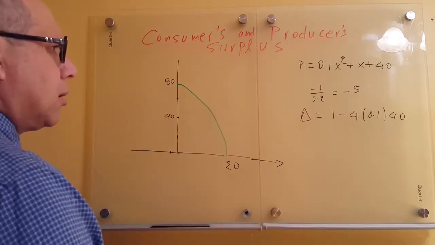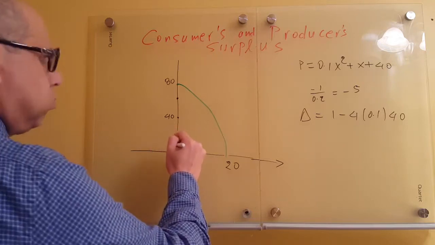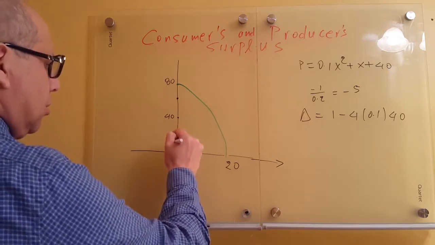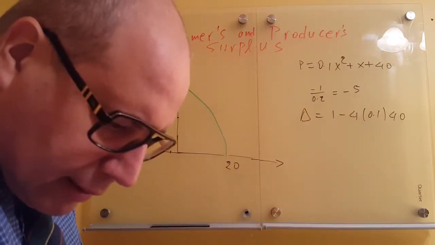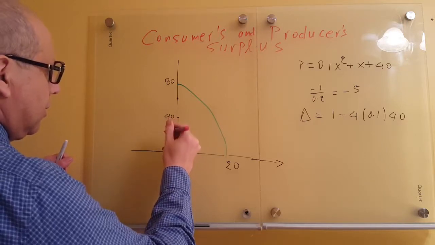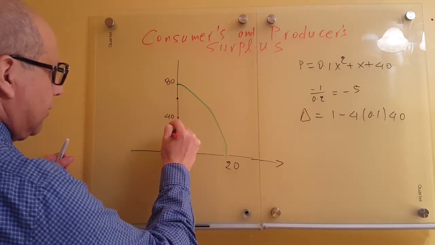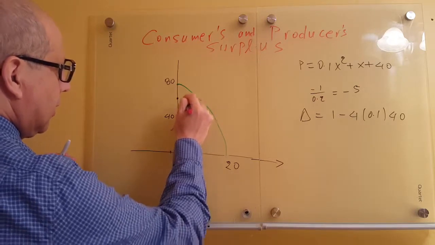We said that the vertex is here. So that means it's approximately like this. Let's do it with the red color.